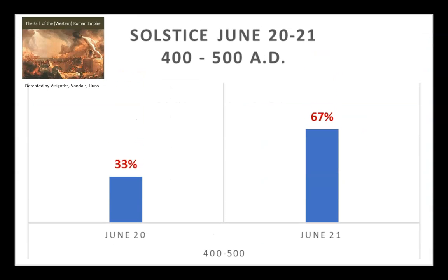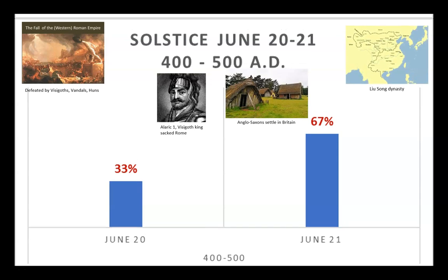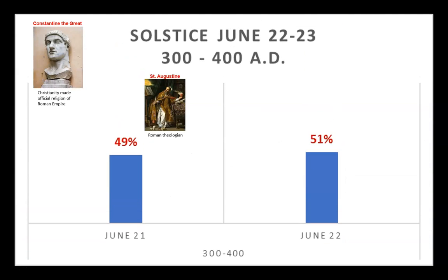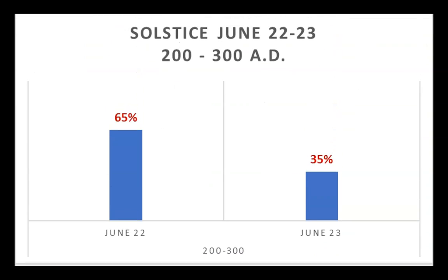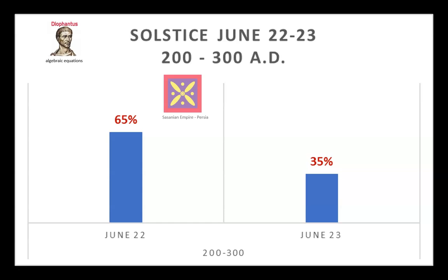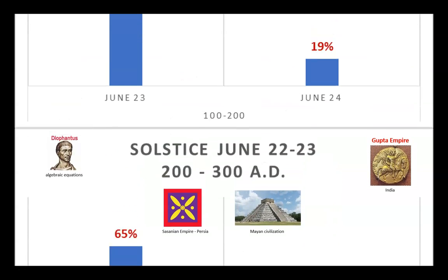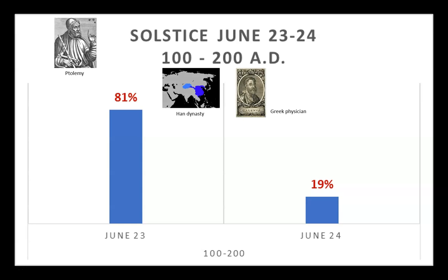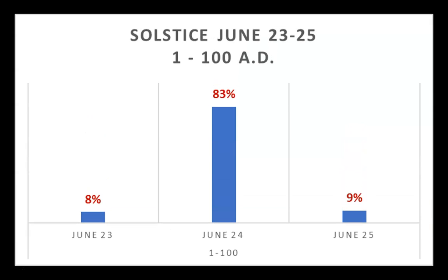June 21st. Evenly split between the 21st and 22nd. June 22nd. June 23rd. And in the first century, a high of June 24th.